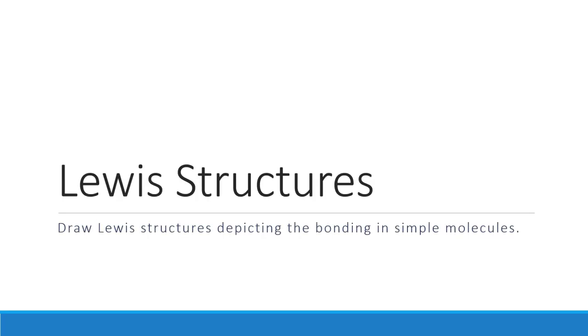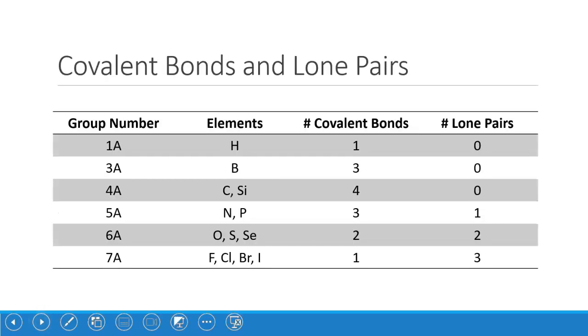The topic for today is Lewis structures, and I have a video on introduction to Lewis structures, so make sure to check out that video if you haven't already. In that video, we talked about the total number of covalent bonds and lone pairs based on the group number.